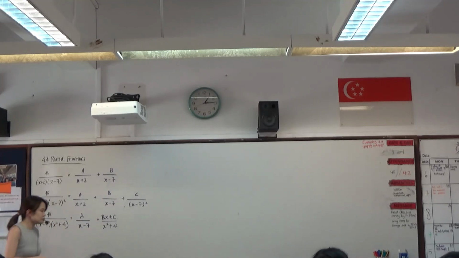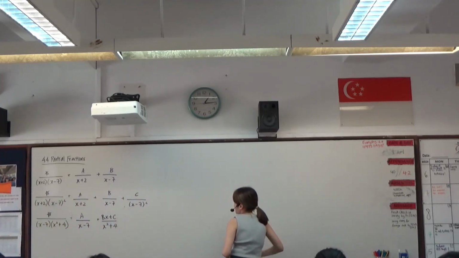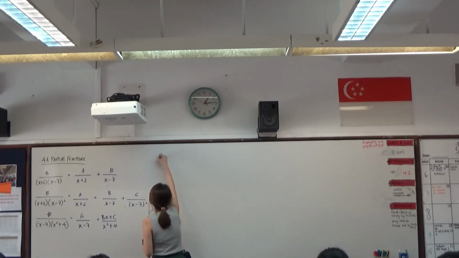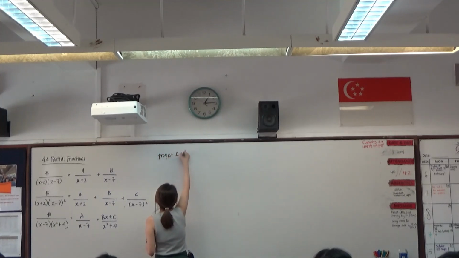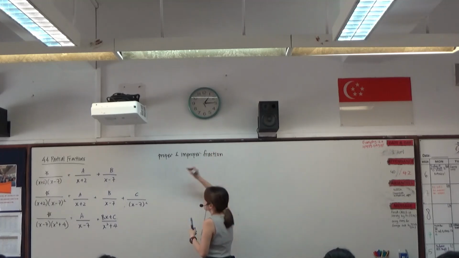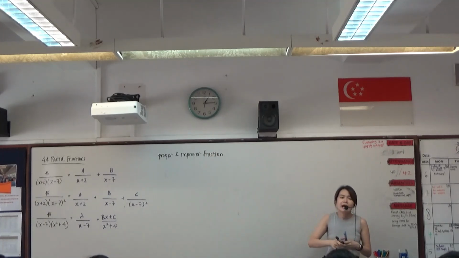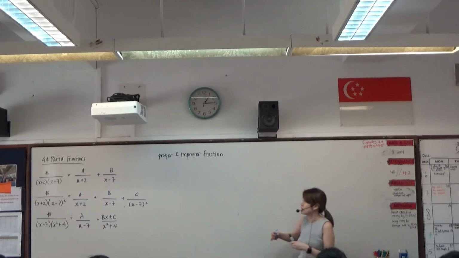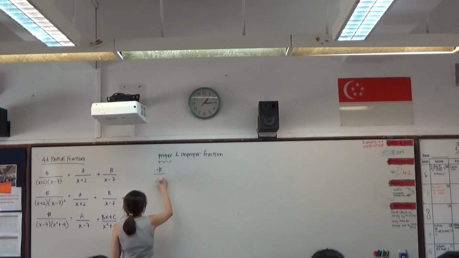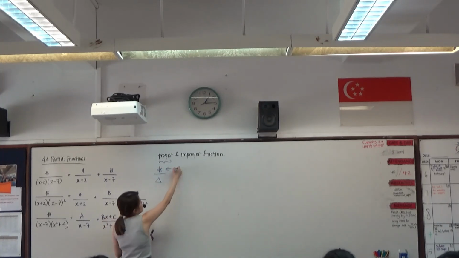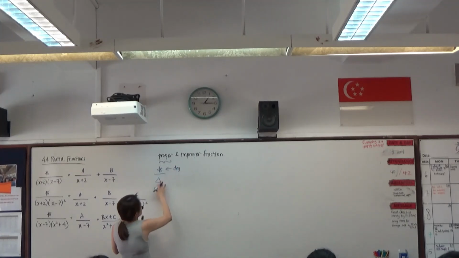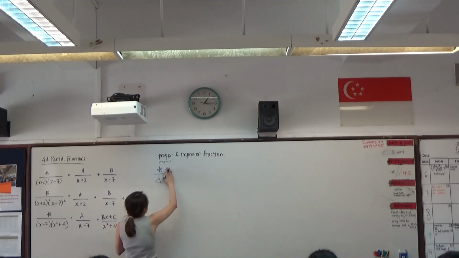Okay, then I'm also aware that some of you did ask Miss Low the other day about proper and improper fraction. The definition of proper and improper algebraic fractions relies on the degree of the polynomial. So for it to be proper, the degree of the polynomial of the numerator must be smaller than the degree of the polynomial at the bottom.